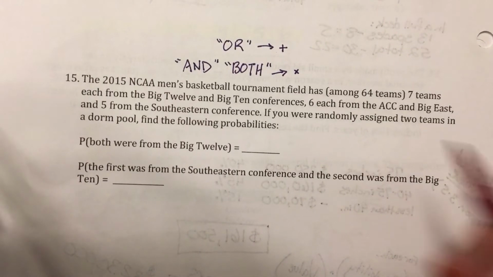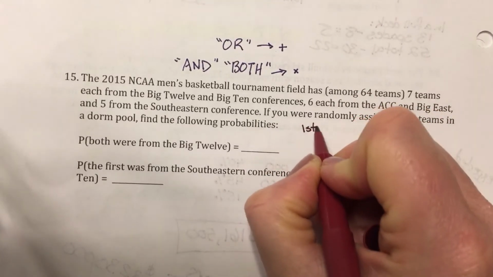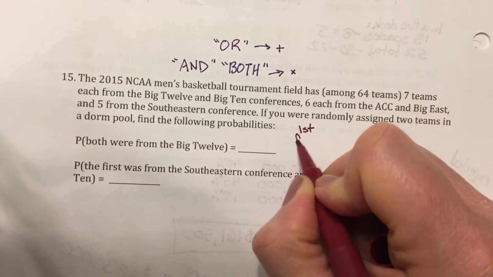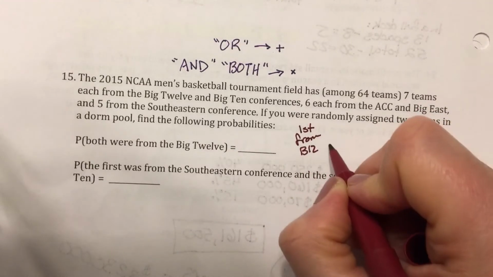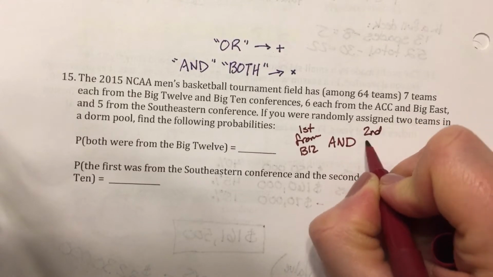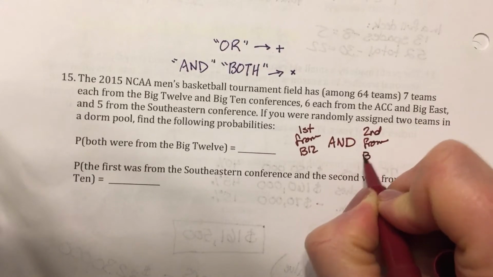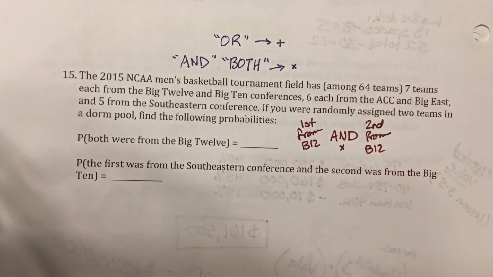So we want the probability that the first is from the Big 12 and that the second is from the Big 12. Means we're multiplying.